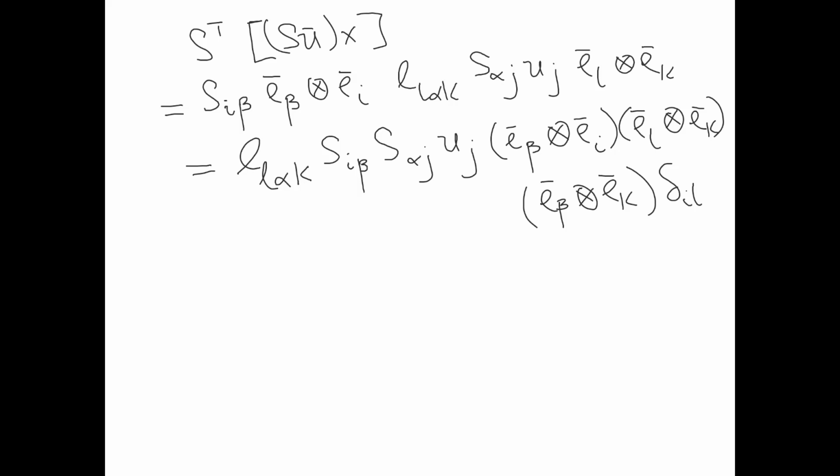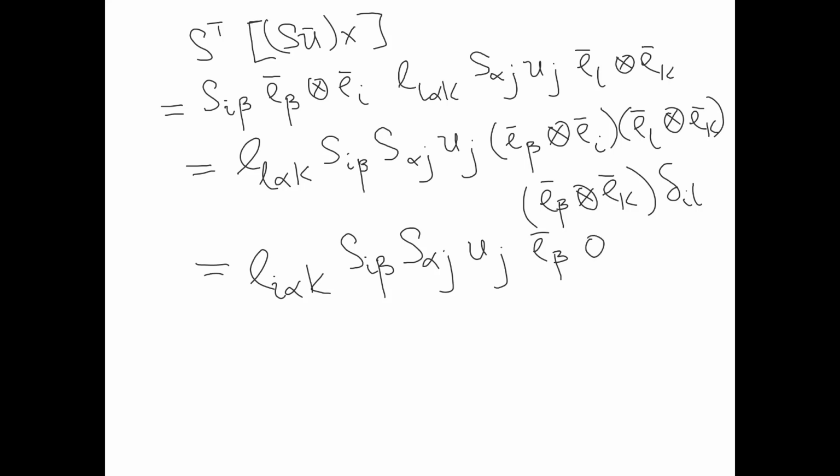And as a result, I can do a swap on my alternating symbol with that L. So this becomes EI alpha K. The reason is that I did the substitution on the alternating symbol, because there's L there. So the L becomes I, and the chronicle delta goes off. SI beta, S alpha J, UJ, E beta, EK. So this is what I get for the left-hand side.